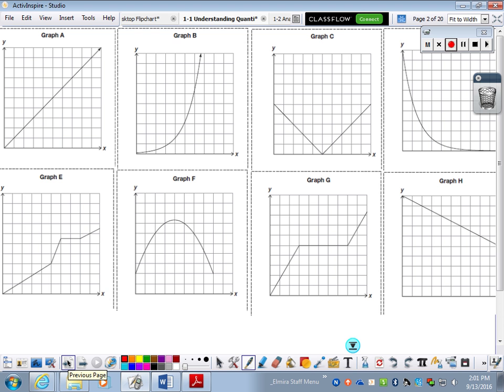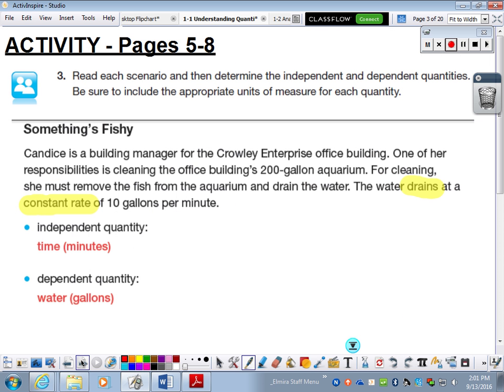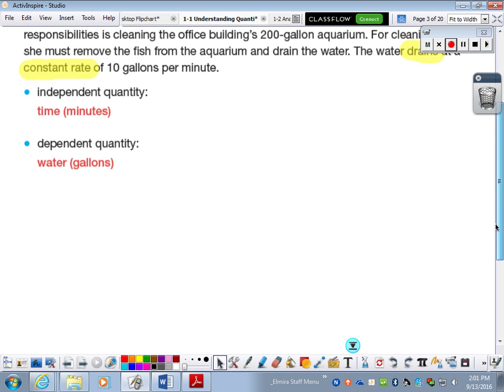So if I'm looking through my graphs, the one that goes down in a straight line is graph H. So I'm going to mark an X through that, since I used it already. Now in class, what we did was paste these in on the page.